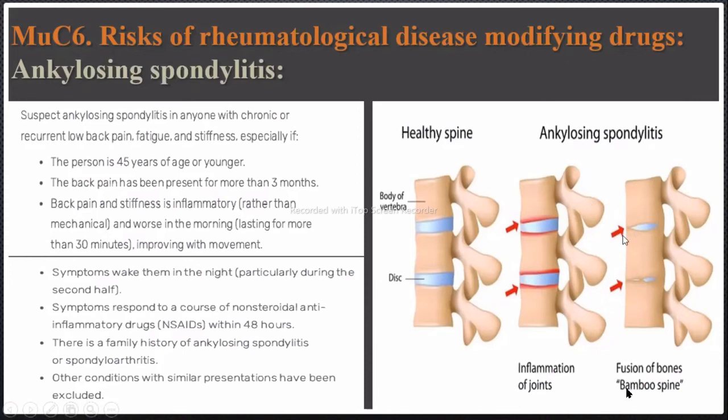With increased inflammation, it will cause fusion of bones. The vertebral bodies will fuse together. So it's called bamboo spine. So it's ankylosing spondylitis. Suspect ankylosing spondylitis in anyone with chronic or recurrent low back pain, fatigue, stiffness.